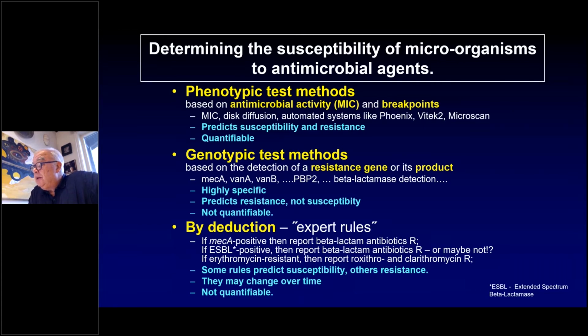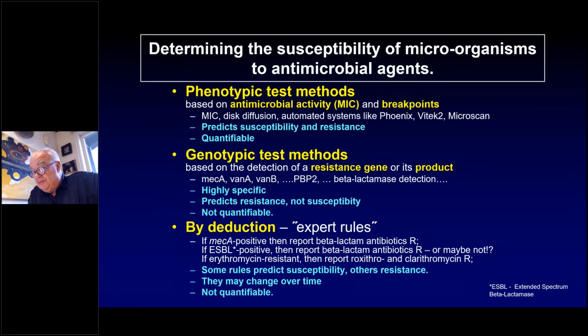And we say things like if and then, expert rules like if we can detect the mecA gene, or we can point to phenotypic resistance against isoxazolyl penicillins, then this microorganism is going to be resistant to all beta-lactams with very few exceptions.